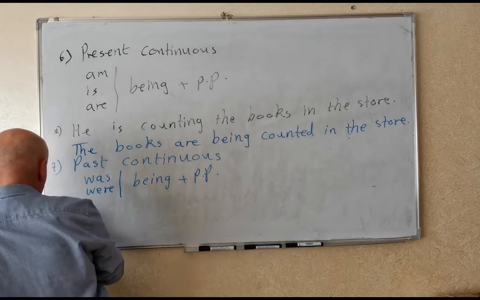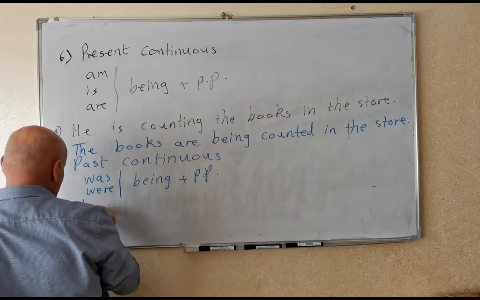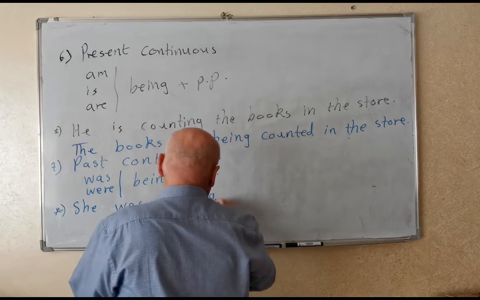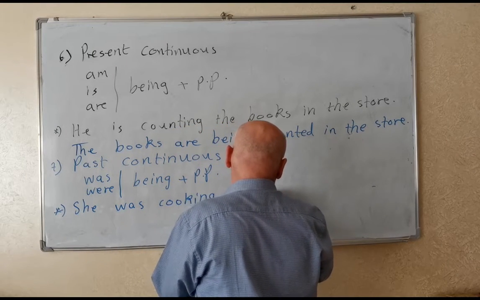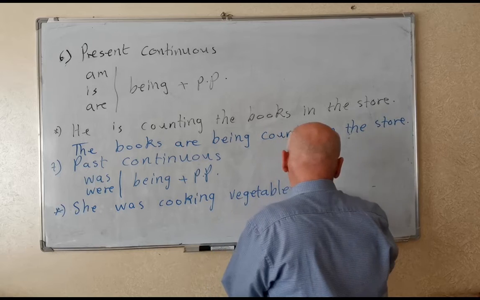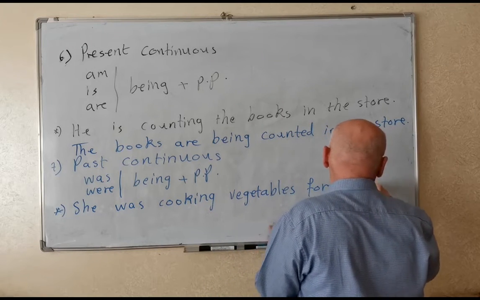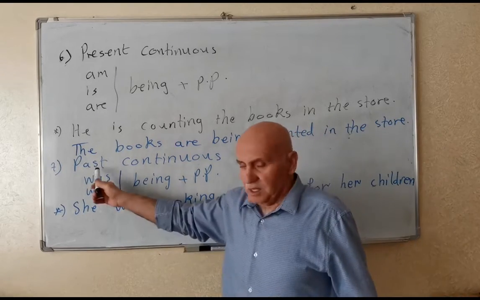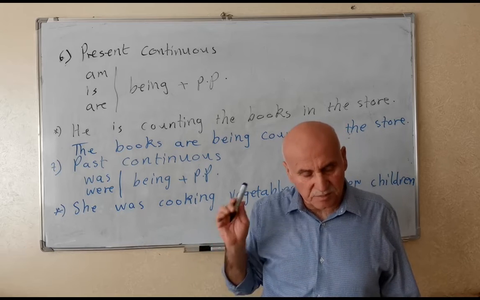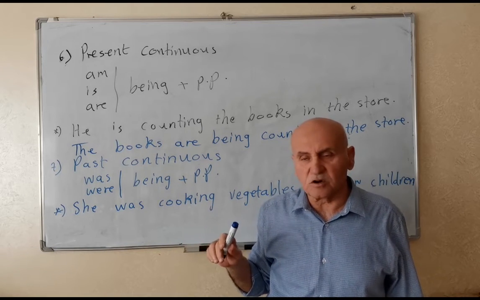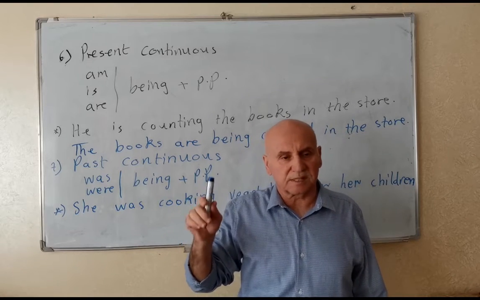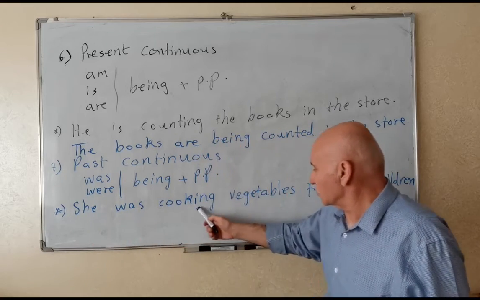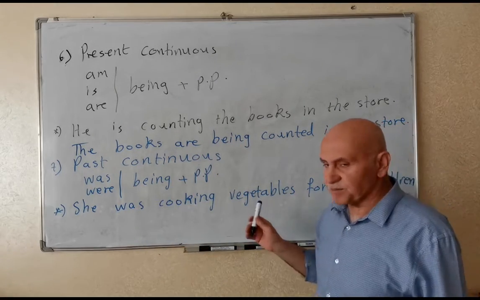An example: she was cooking vegetables for her children. She was cooking vegetables for her children.